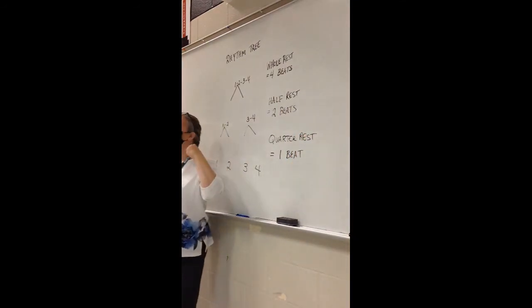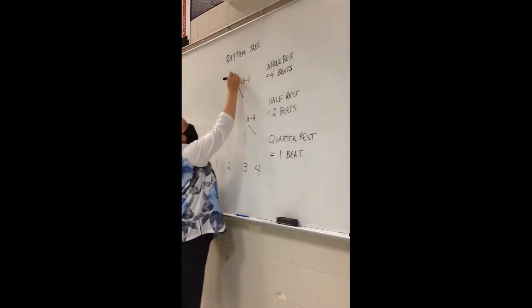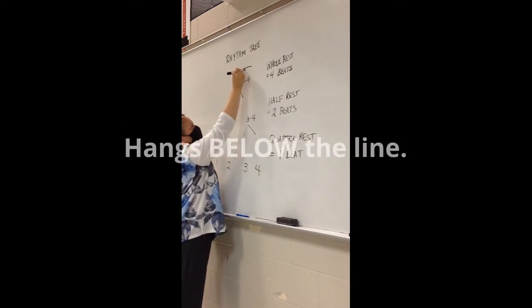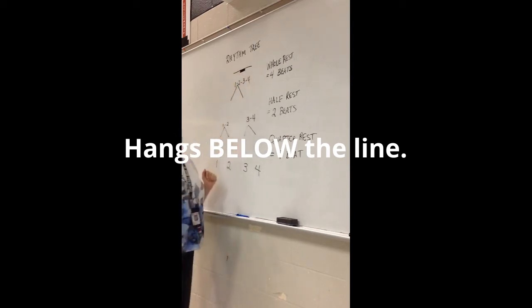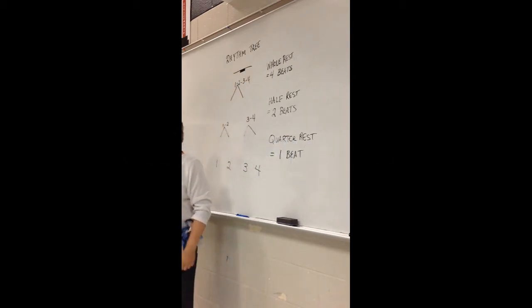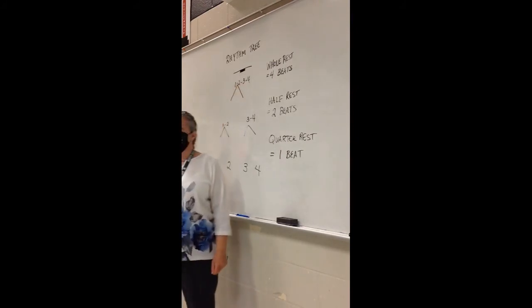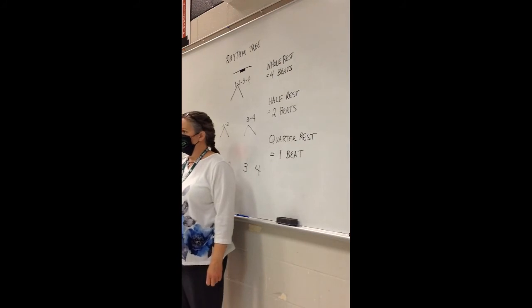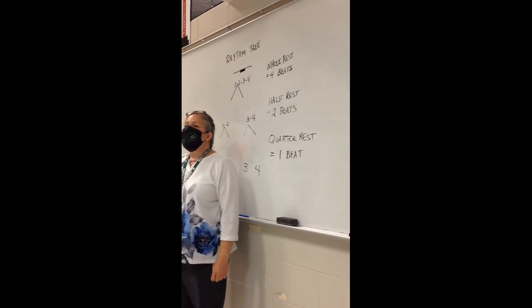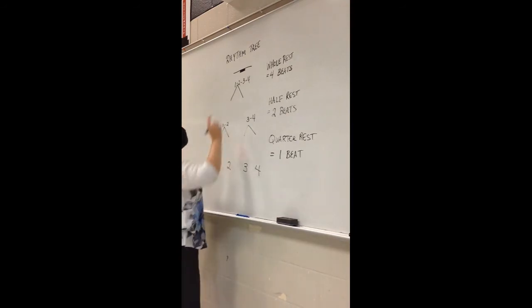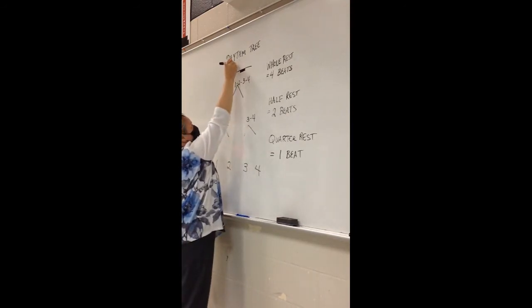Now, a whole rest will hang below the line. That's a whole rest. You draw a little line, and a little rectangle underneath it. In order to remember that's a whole rest, I draw my little dude.